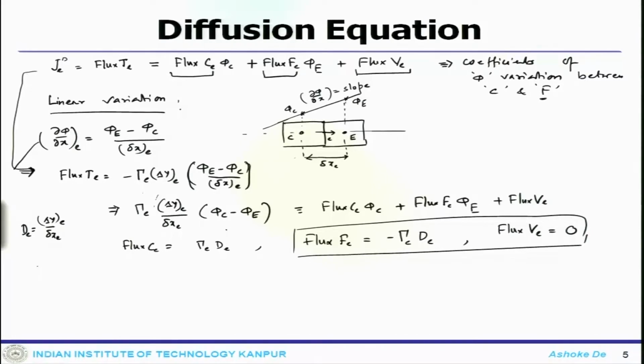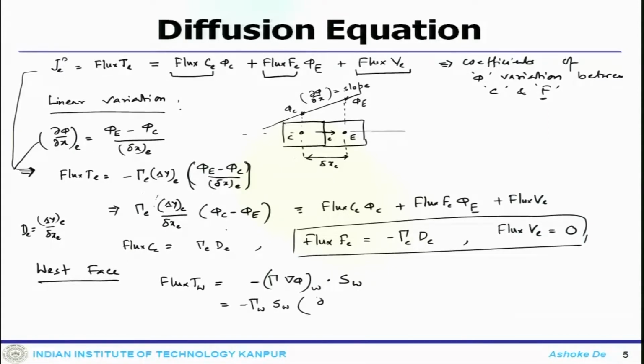Now, when you move to the west phase, we can similarly find out that the total flux at the west phase is minus gamma del phi W dot S W. So, which will turn out to be minus gamma W S W, del phi by del x i, del phi by del y j dot minus i.